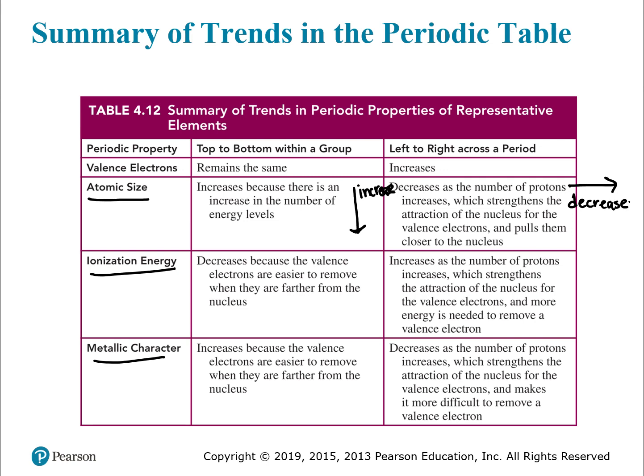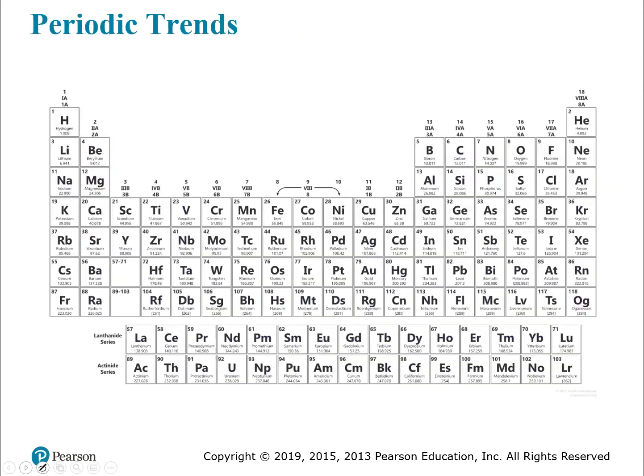So if you're filling in the 2p, you're still in the same level 2 energy. So you're adding protons and electrons, and you're actually bringing those electrons a little bit closer to the nucleus. And that's why the size decreases.